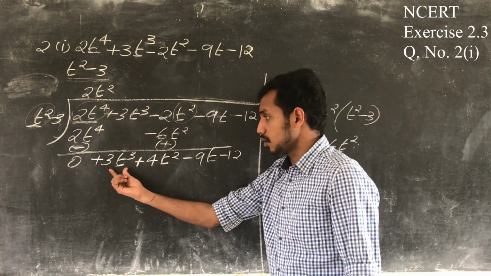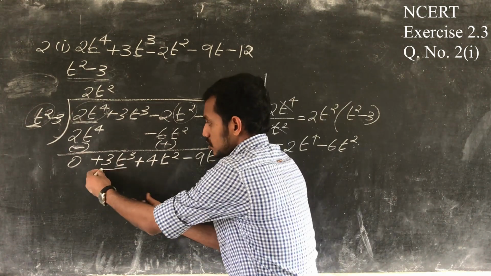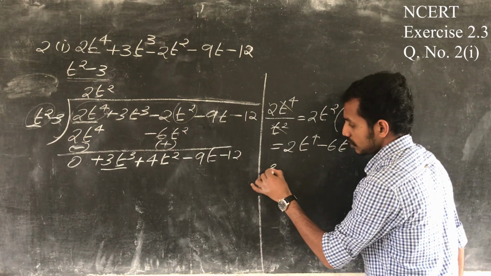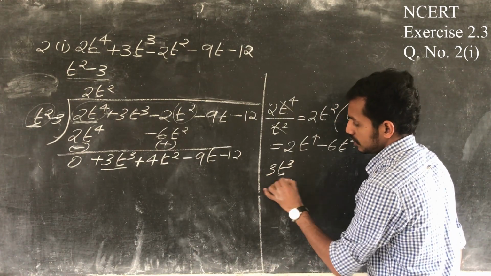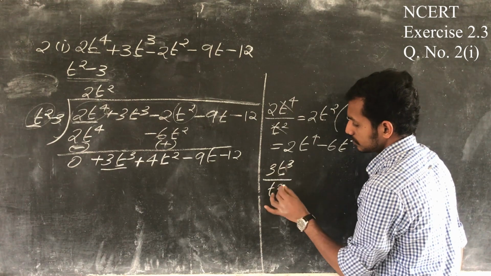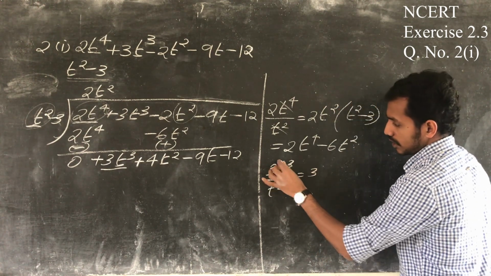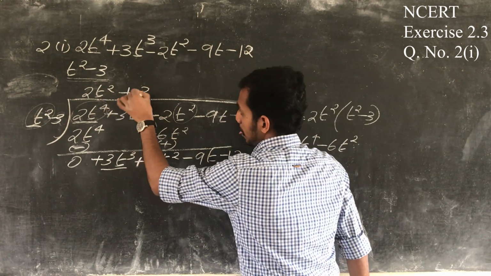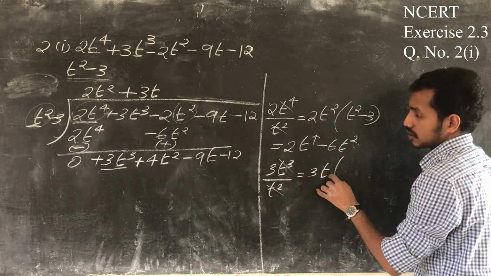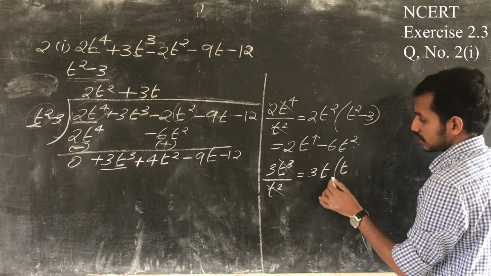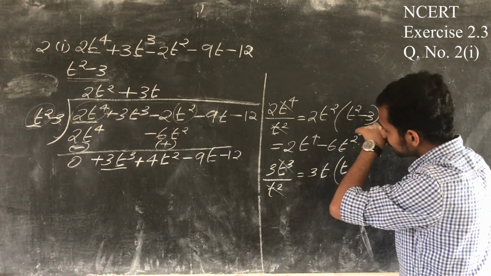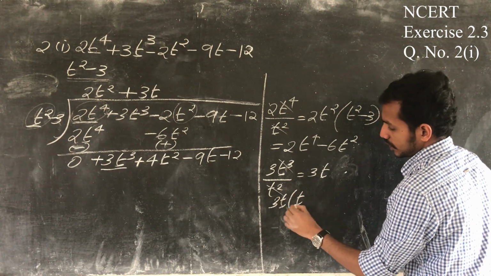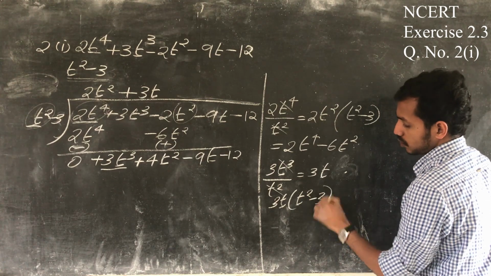Again 3t cube is the term with the highest power. Divide this term by t square. 3t cube divided by t square is equal to 3t, since t cube by t square will be t. Again multiply this 3t by t square minus 3.